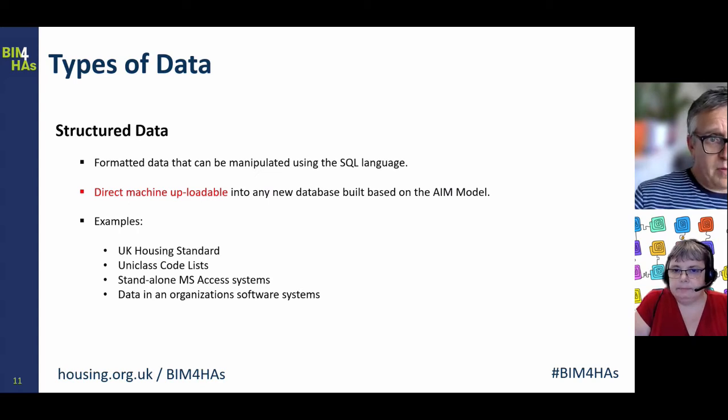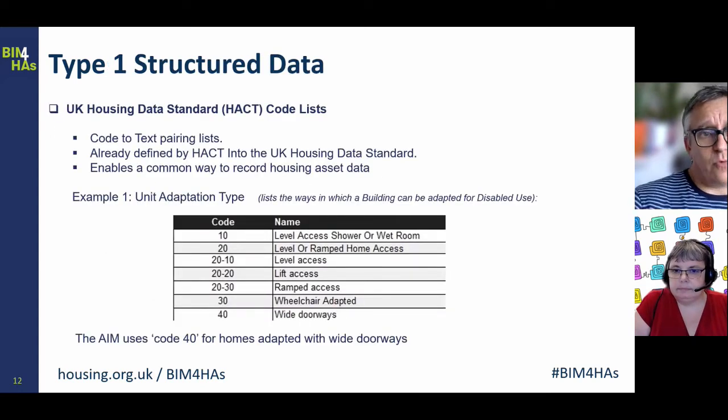A little bit more on that. The UK Housing Data Standard has numbers, codes that are attributed to text that are the descriptions. And these are already publicly available in the domain free of charge.